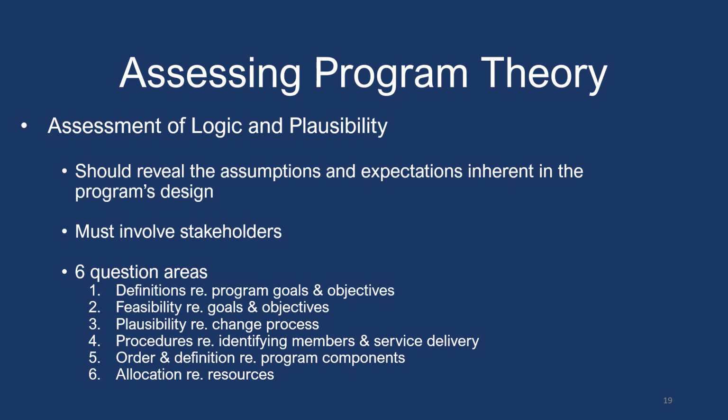You'll want to also examine whether there are clear definitions for how the program will first identify members of the target population. So how will you recruit people? And then how it will deliver and sustain its services. If the program can't reach the target population, it really doesn't stand much chance of being effective.